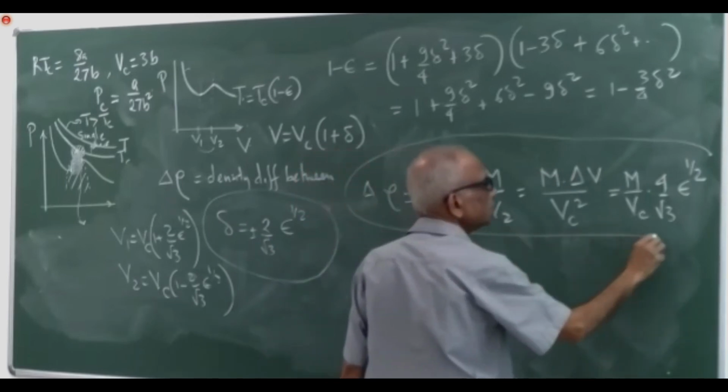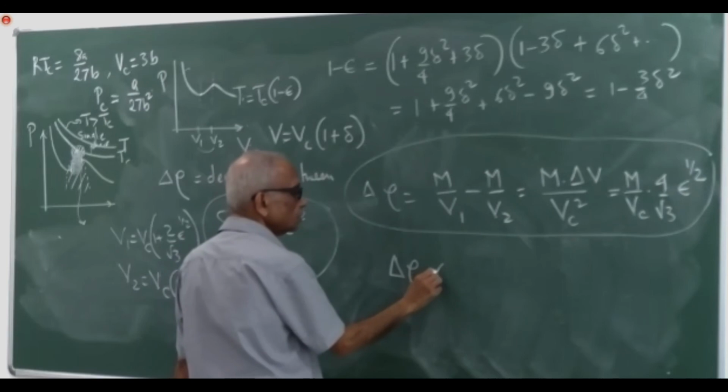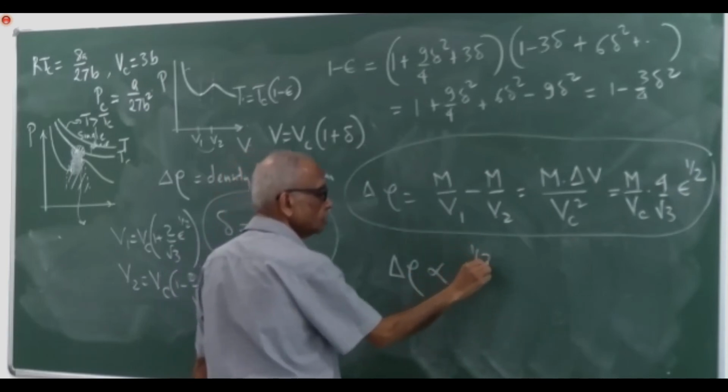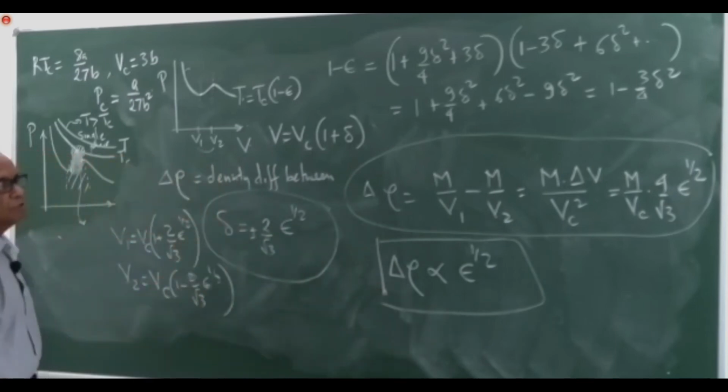So that is the next striking answer. Delta rho proportional to epsilon to the power half. You see, that is again non-trivial.